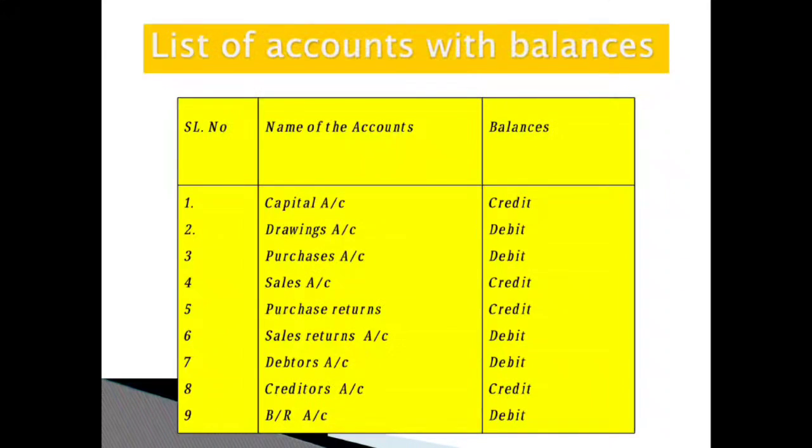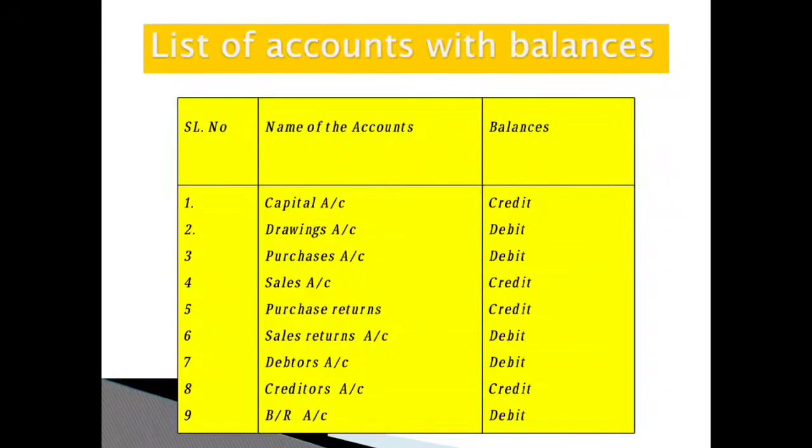I hope you are clear with it, because we are going to divide accounts into 5 groups: assets, liabilities, incomes and gains, expenses and losses, as well as capital. So all asset accounts will always show us debit balance, all liabilities will show us credit balance, all incomes and gains accounts will show us credit balance, expenses and losses accounts show debit balance, and capital always shows credit balance to us.